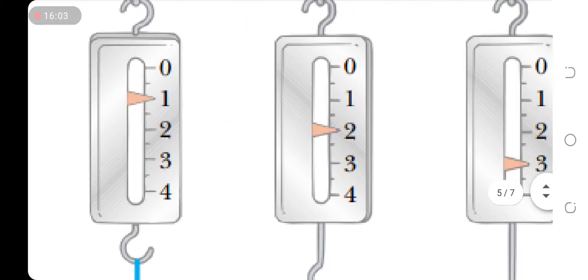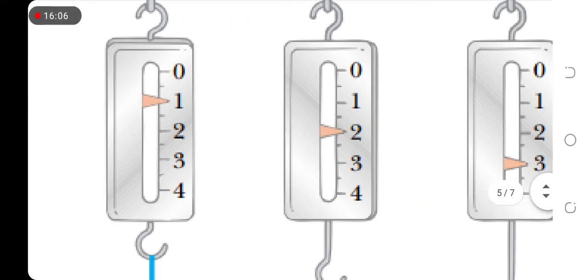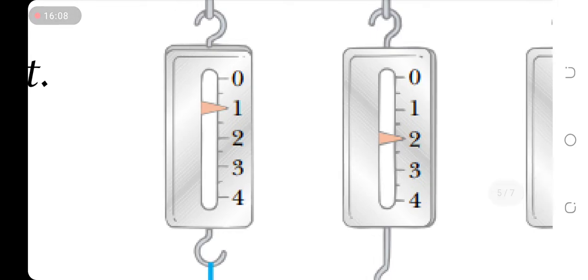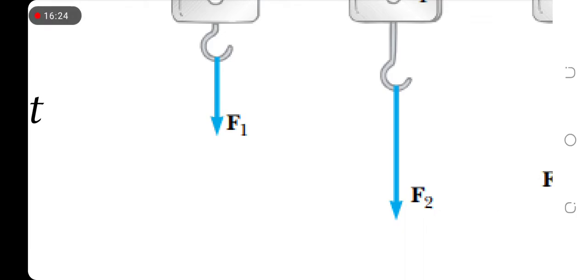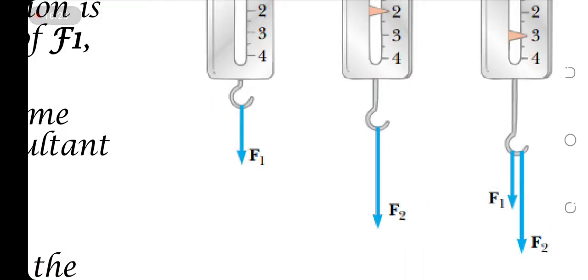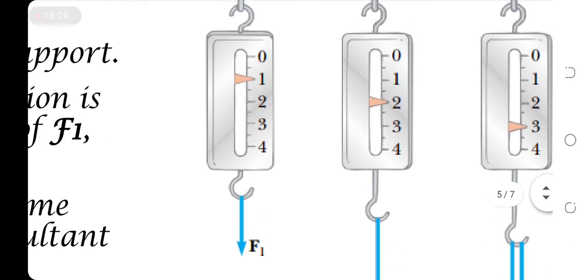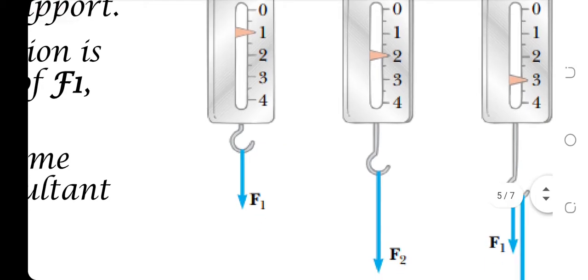If the force is doubled, then we can compare the readings of both springs. The first spring indicates the reading 1, meaning 1 centimeter, 1 unit of length. The second shows 2 units of length extension. F2 is the force we have made twice F1. Similarly, from the distance, we can measure the strength of force, how much it is.